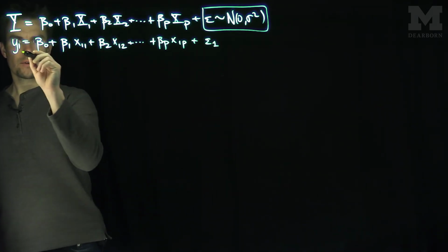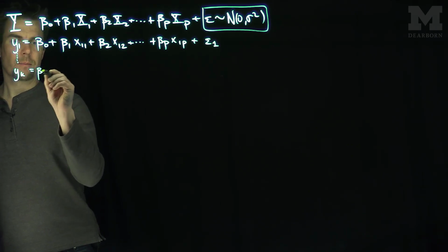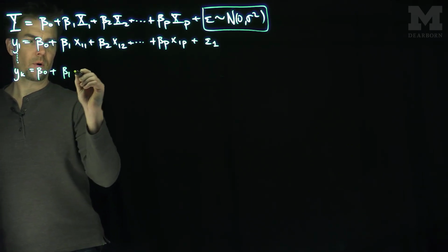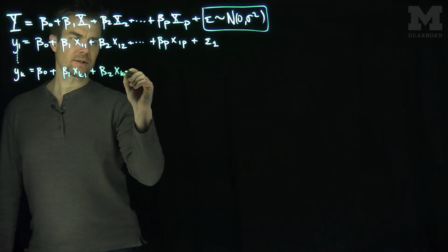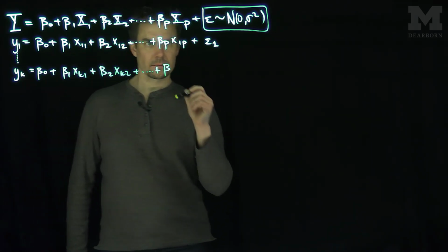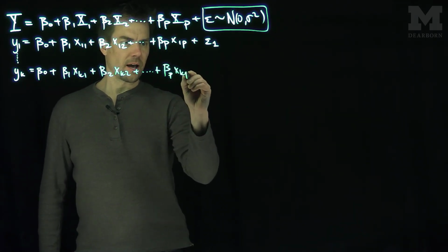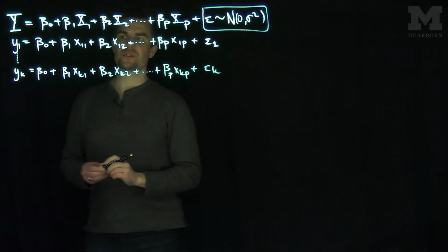And then etc., down over here. We can write yk, the kth observation, as beta 0 plus beta 1 xk1 plus beta 2 xk2 plus beta p xkp plus epsilon k. So we can write down our observations this way.